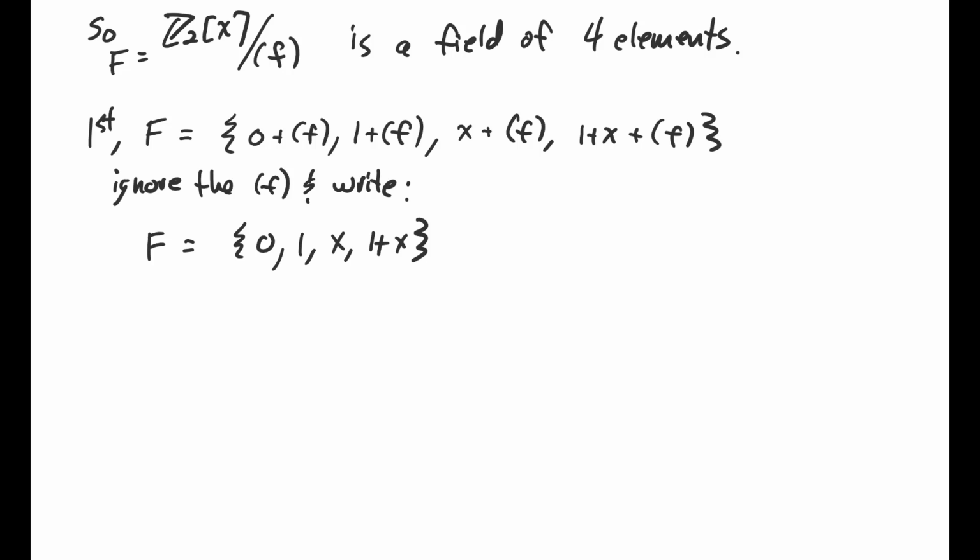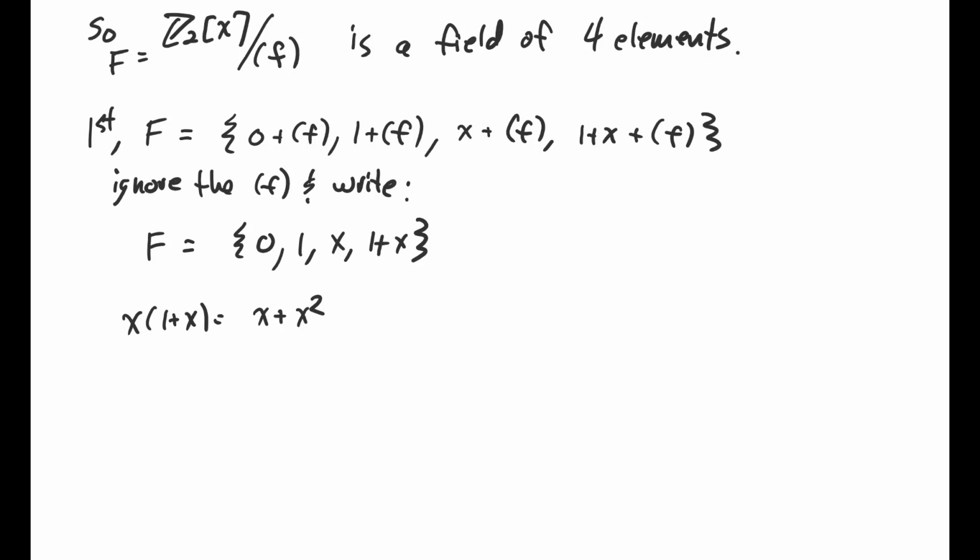But let's say we want to multiply. Okay, what is x times 1 plus x? Well, as you know, when you multiply in a quotient, you multiply the representatives. So you get x plus x squared, and that has to be one of our field elements, but it doesn't look like it's on the list. And that's just because it's a different representative for the coset.